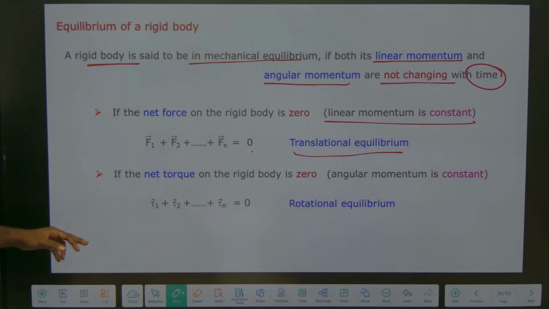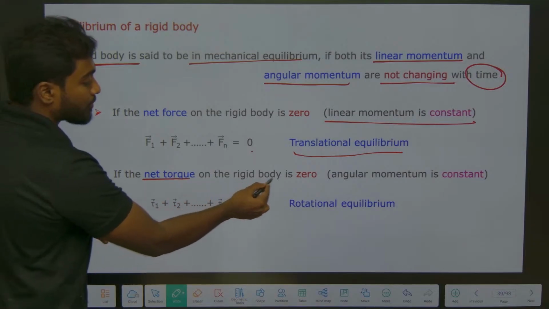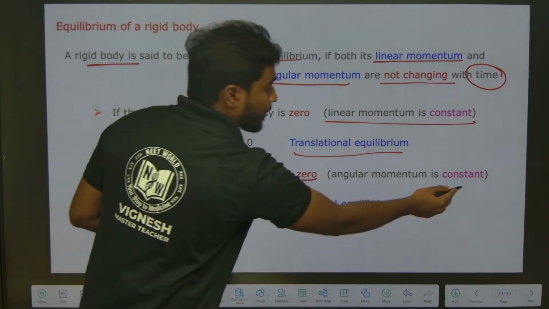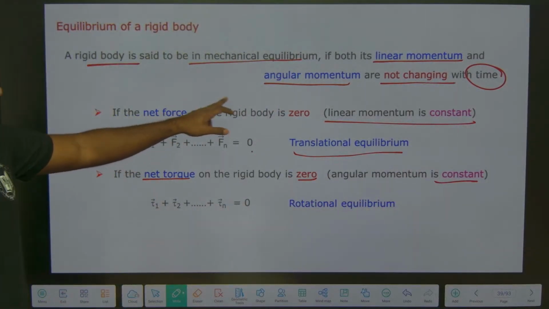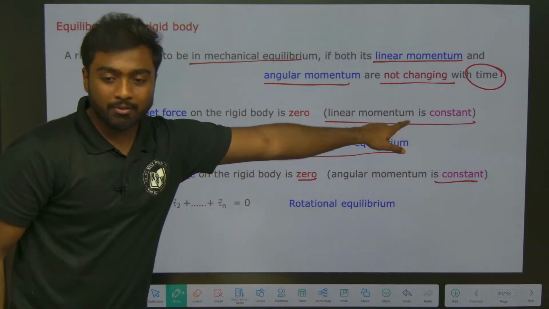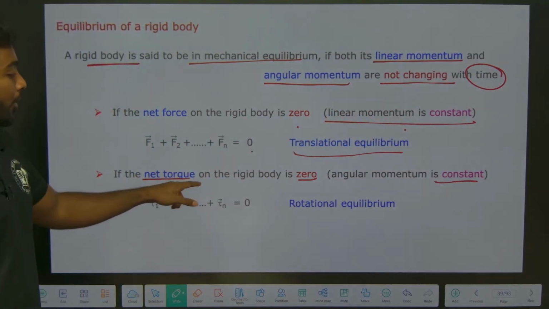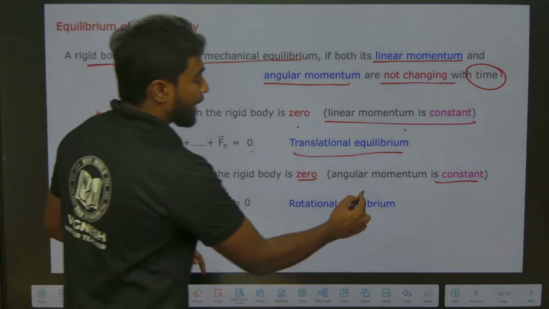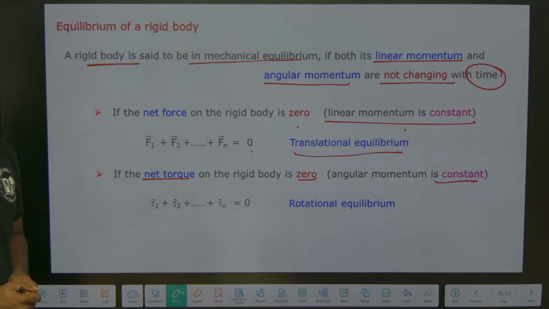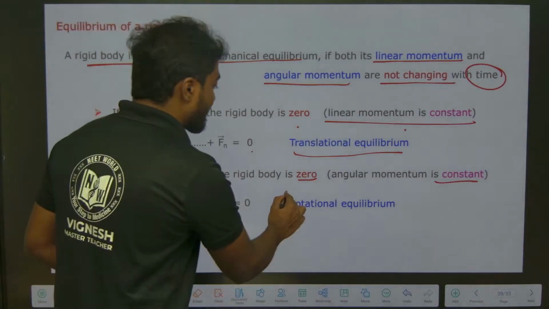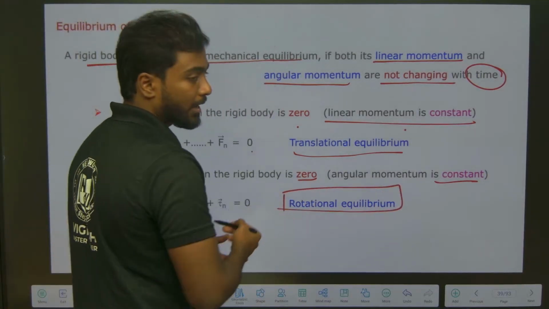Next, if the net torque on a rigid body is 0, angular momentum is constant. So tau 1 plus tau 2 plus up to tau n equals 0. In this case, we say rotational equilibrium.